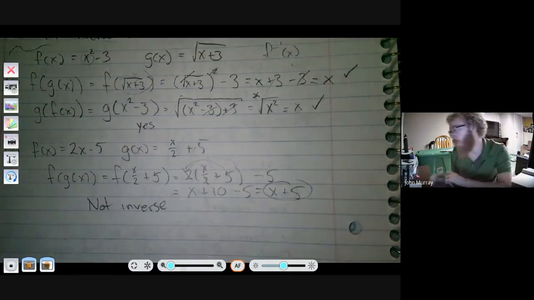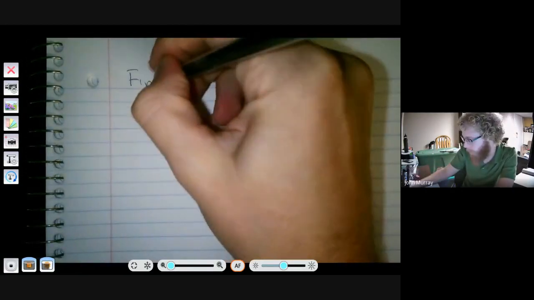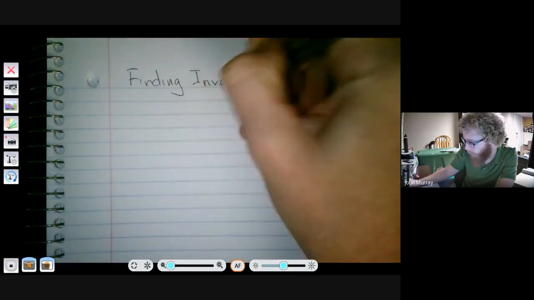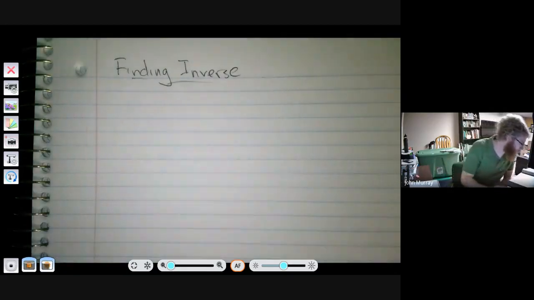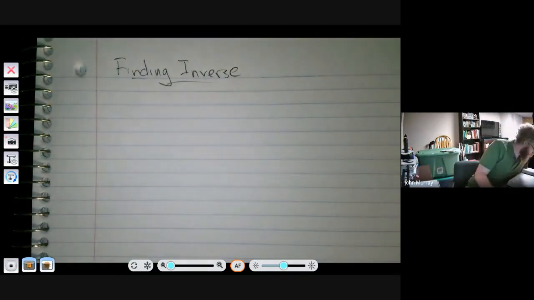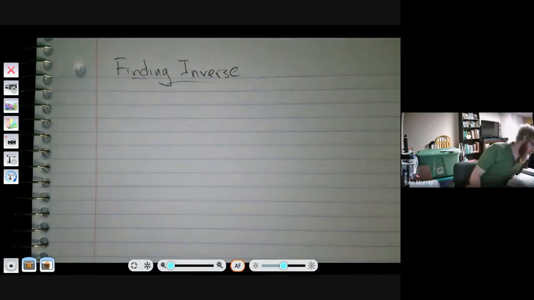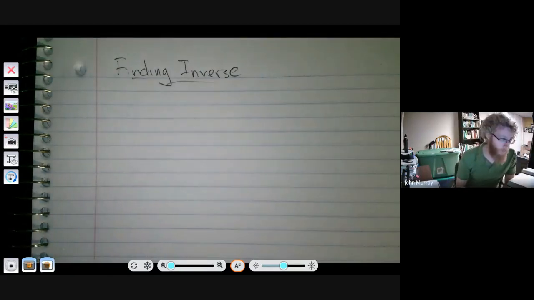All right, so today we're going to talk about finding the inverse function. The first thing we have to consider is that not all functions have an inverse.